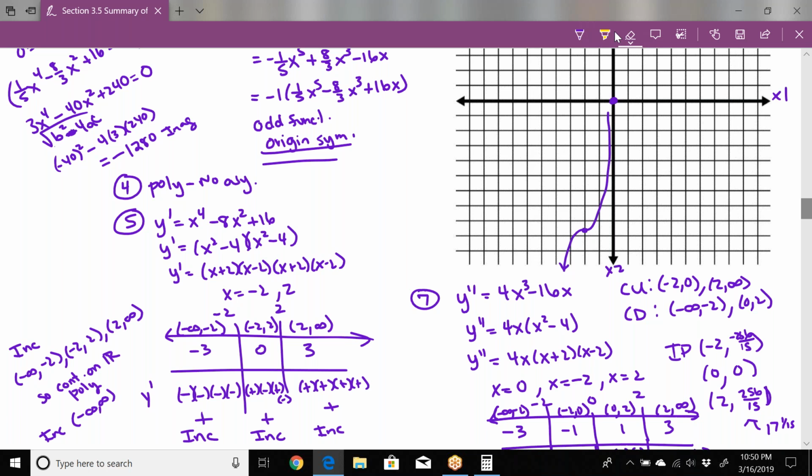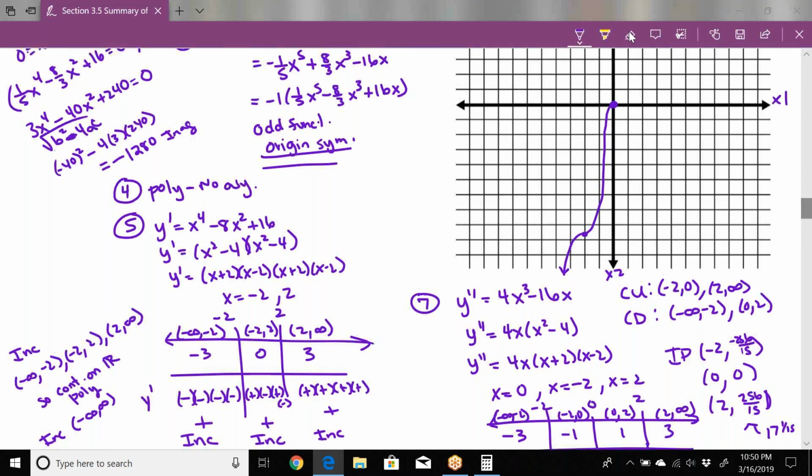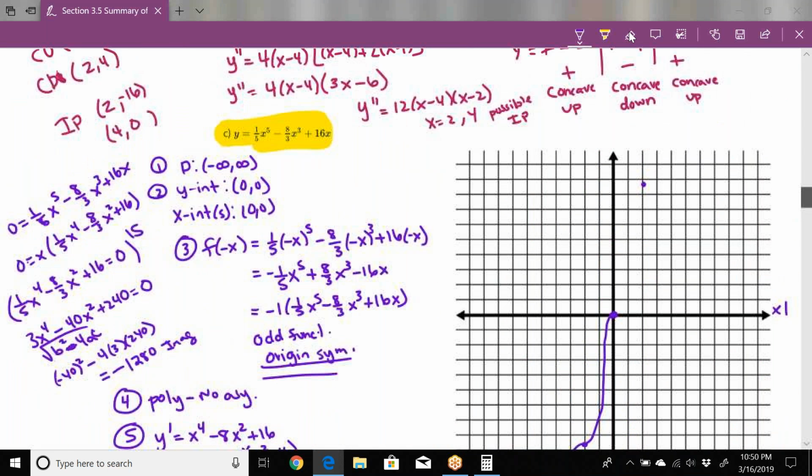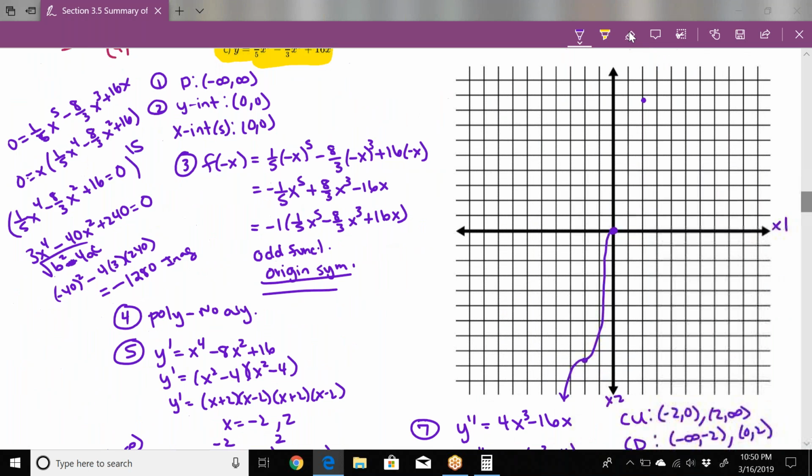And you have to forgive me, it's really hard to draw on this. So concave up, and then at 0, 0, we change again and we become concave down again. So notice, this is supposed to be concave up. It's really hard to draw it.